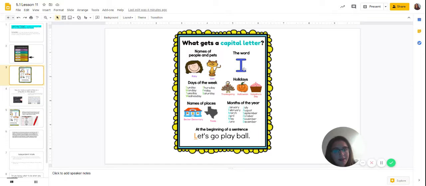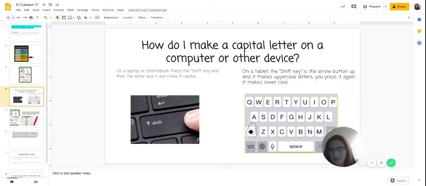The word I, like in "I like to write stories," would be capitalized. Holidays are capitalized. Months of the year. And of course, we all know at the beginning of a sentence, the first word is capitalized. So today we're going to look at some of our work and see how we can capitalize letters.